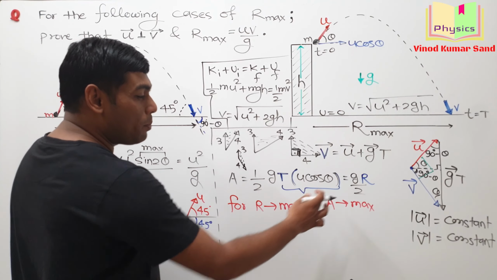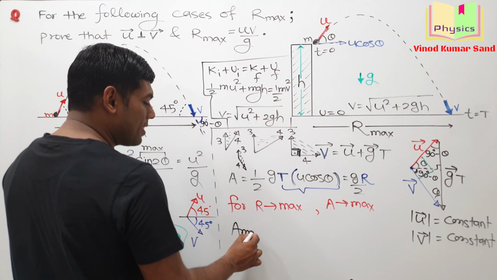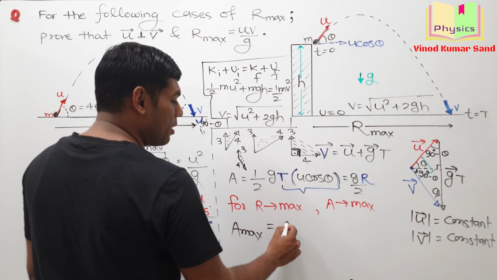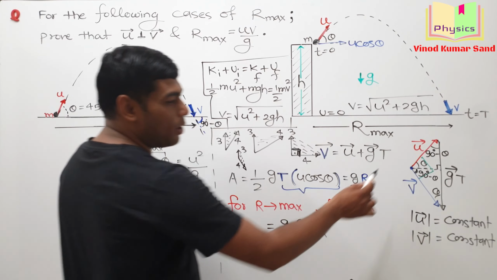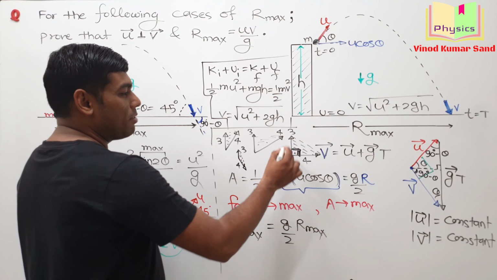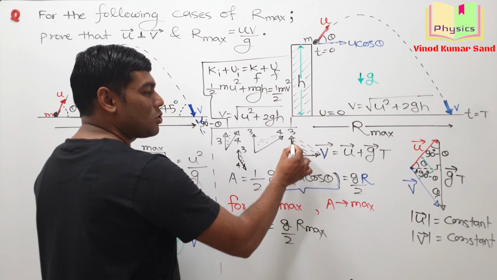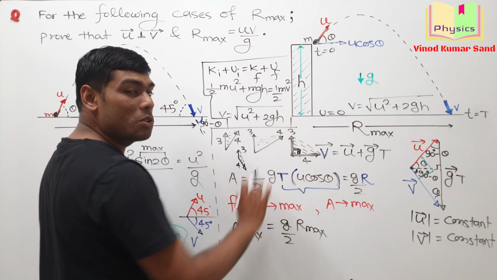Now, let us try to obtain the maximum area of this triangle. The Amax, we know that will be equal to G by 2 of Rmax. And now can you tell what is the maximum area of this triangle? If I ask you what is the maximum area of this triangle, what will be your reply? Half into base into height.